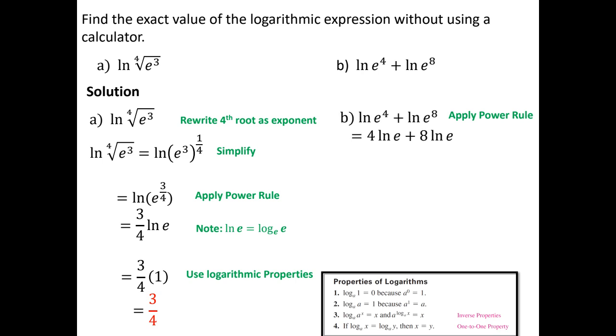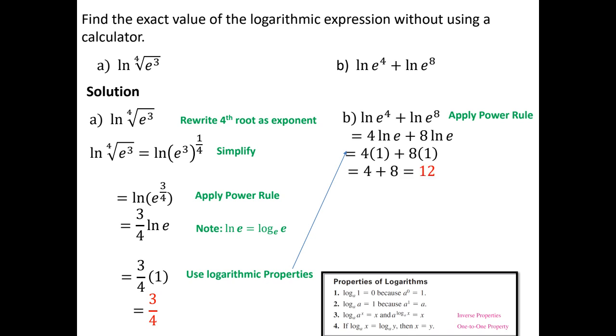That's going to give me 4 times the natural log of e plus 8 times the natural log of e. And now again, I have the inverse property. The natural log of e, they are inverses of each other, so that becomes 1.